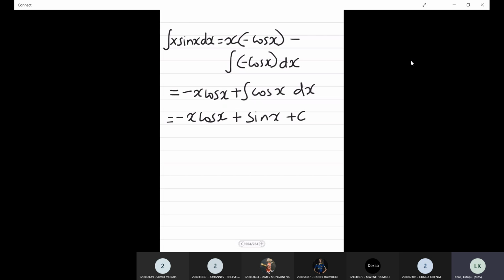And then you integrate the one you say you'll integrate, differentiate the one you say you'll differentiate, and then substitute them into the formula. In the formula that you get, you still have something to integrate, except usually what you have to integrate the second time round is easier than what you started with. So another example.